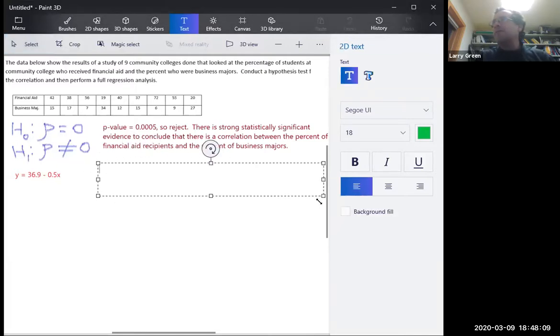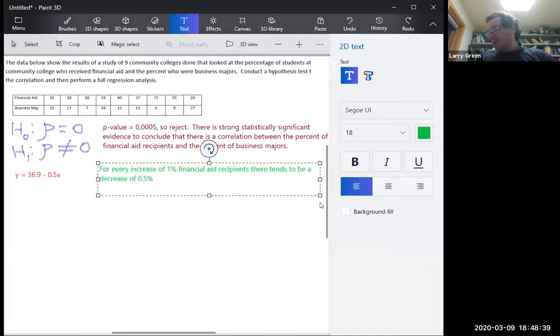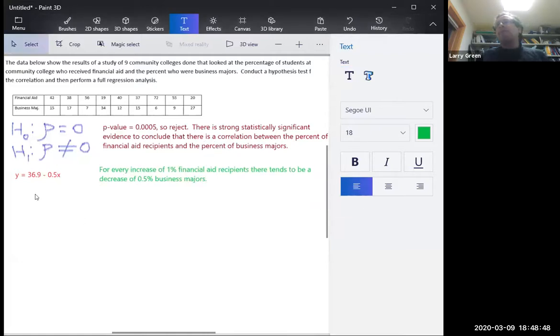So for every, one more time, for every increase of 1% financial aid recipients, there tends to be a decrease of 0.5% business majors.